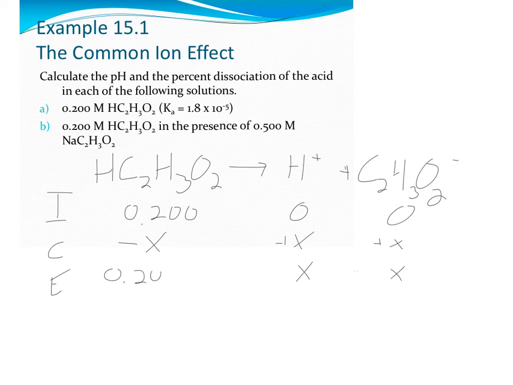We solve this. We have a Ka of 1.8 times 10 to the negative fifth equals x squared over 0.2 minus x. X comes out to be 0.00189.